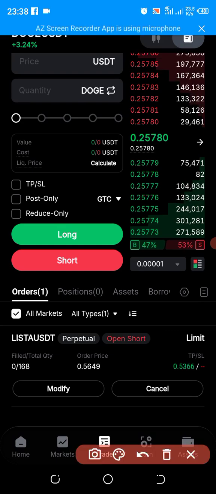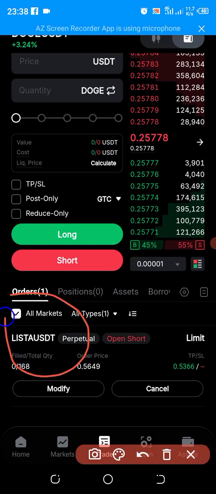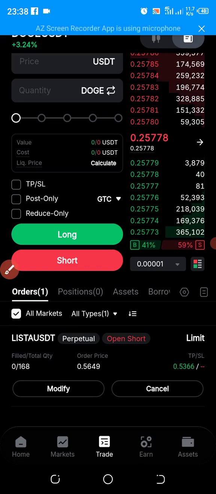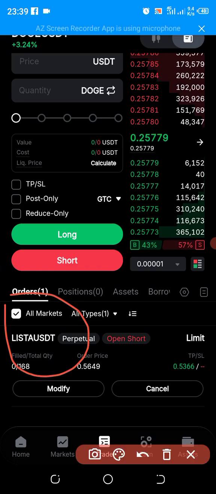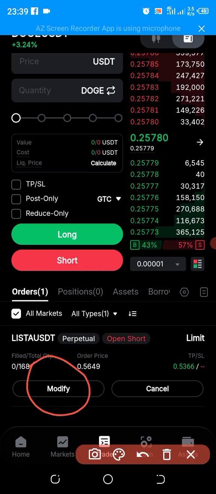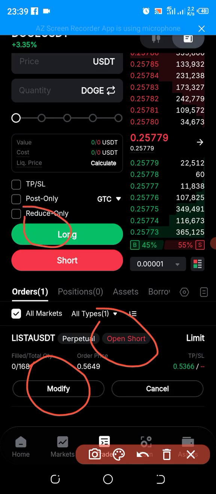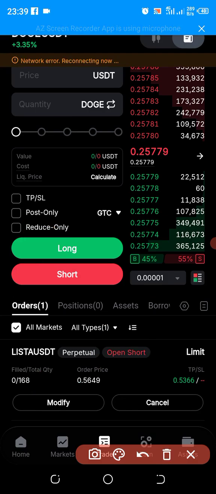You click on modify here. You can see that I'm currently shorting this position. If it is long, it will show long. If it is short, it will show short. So just click on modify.